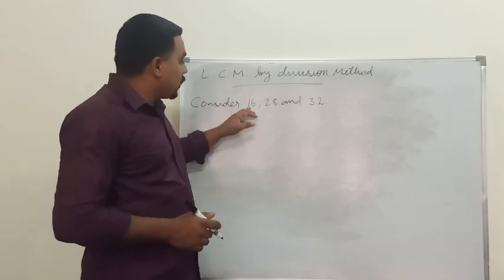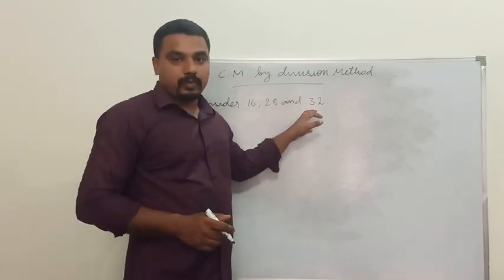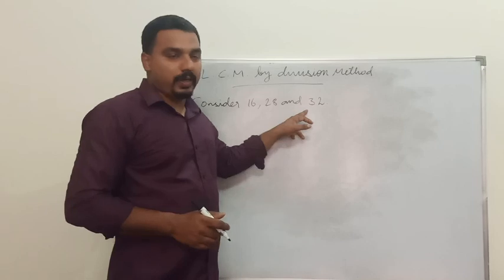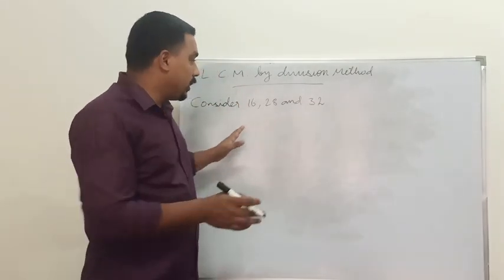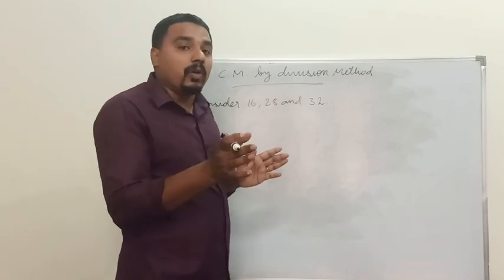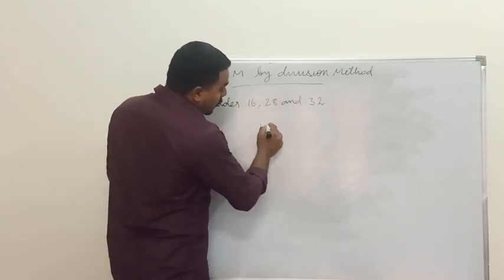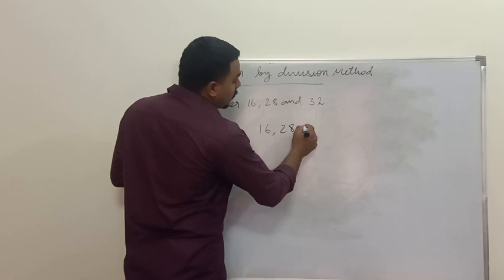We have to consider 16, 28 and 32. Find out the LCM of these given numbers by using the common division method. So these three numbers we have to write together in this way: 16, 28 and 32.